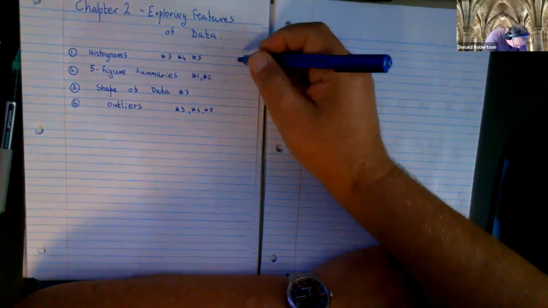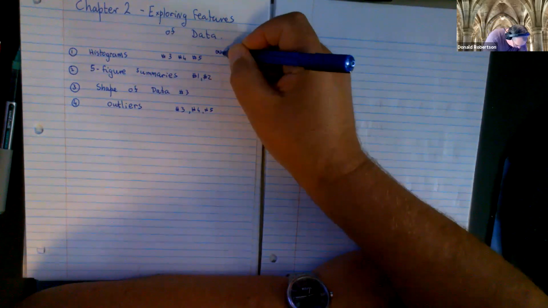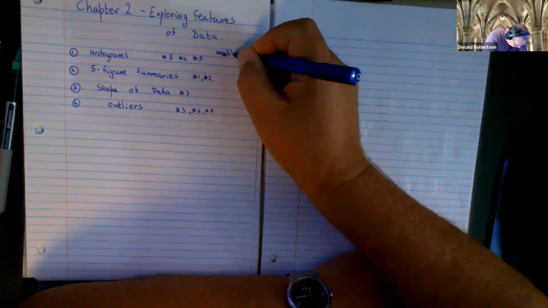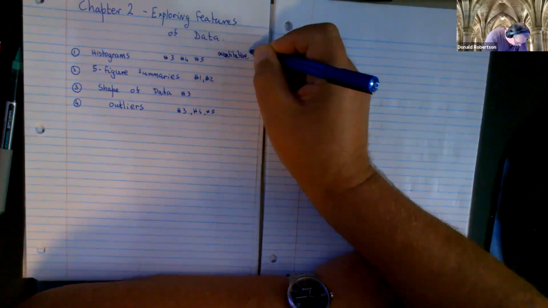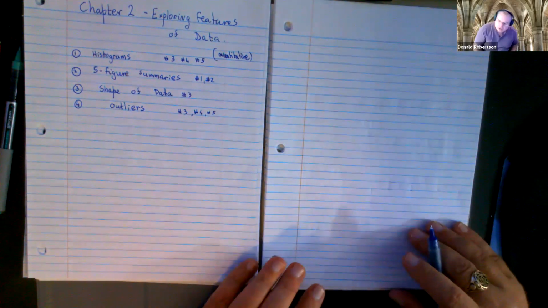This is all going to be on quantitative data. Right, so whenever you talk about histograms or 5-figure summaries or the shapes of data or outliers, you tend to almost exclusively be talking about data that is numbers.